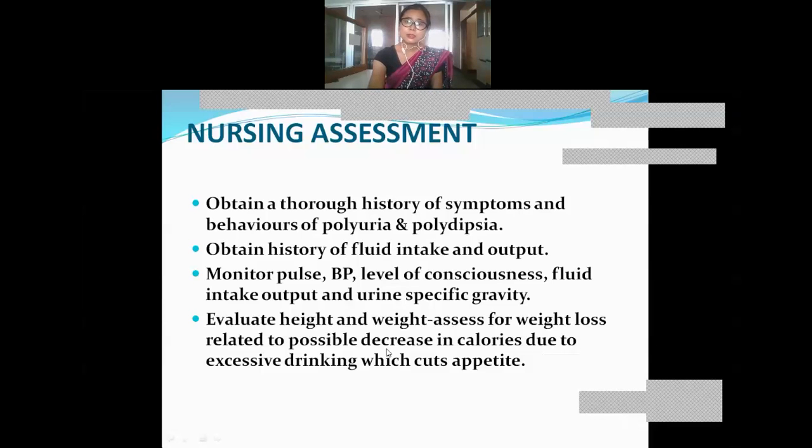If a person takes more fluid, then there will be no space for other food. But our body requires certain nutrients. In this condition, the body will not get enough nutrients, so weight loss will be there. So you have to assess for weight loss.